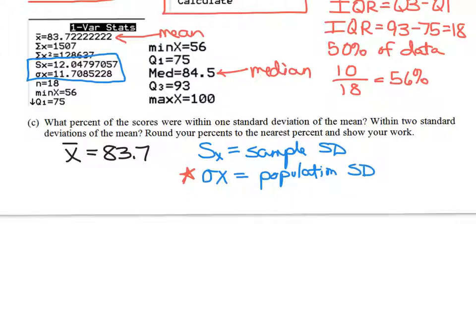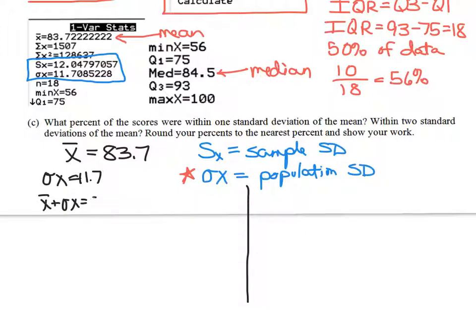So this question says, what percent of the scores were within 1 standard deviation of the mean? I'm going to split my work here because part B is going to be, how about 2 standard deviations? So if I want 1 standard deviation, for this data the standard deviation was 11.7. So I want to take my mean and add on 1 standard deviation.